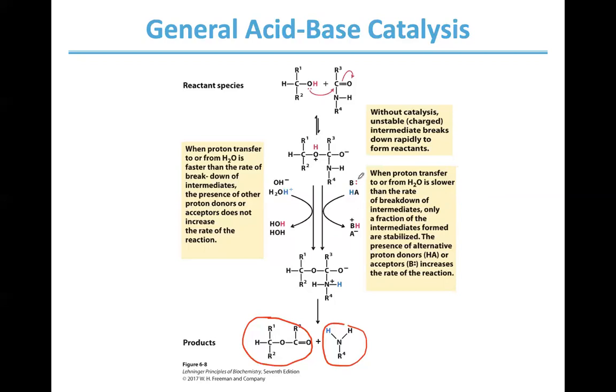Or this base can be part of an enzyme and then can protonate this nitrogen, and the base will deprotonate this oxygen to give us this intermediate. And when these electrons come back, like so, nitrogen will leave, right? To give us the free amine and the ester.